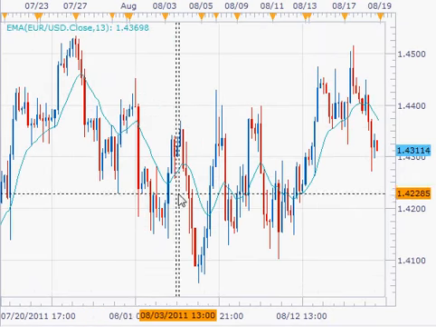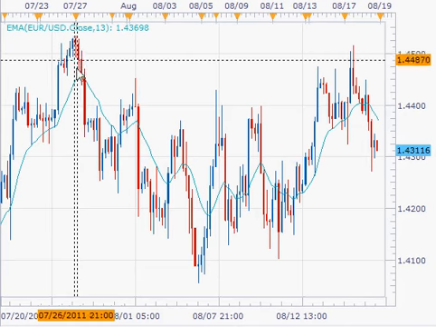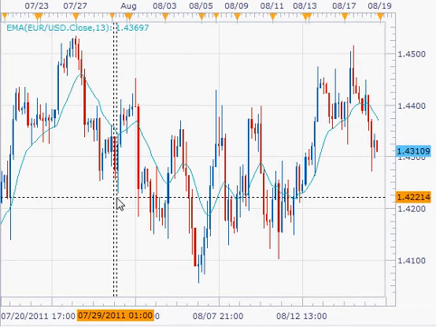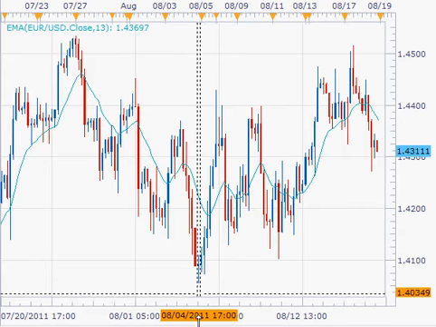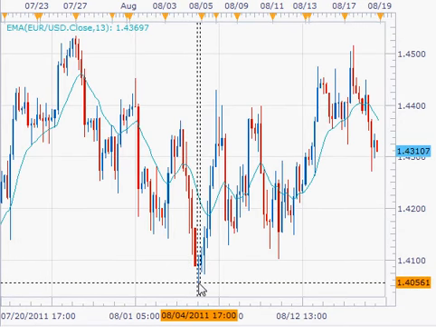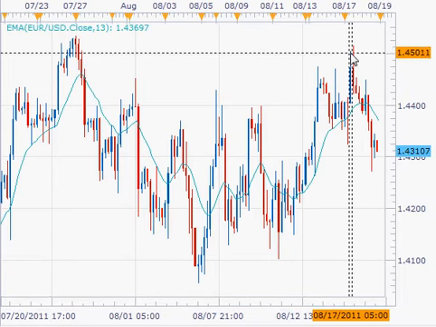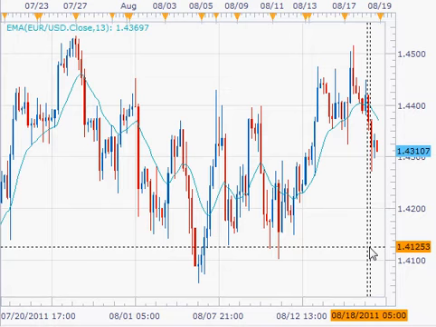And back to the short term to count the shorter term waves. This is actually another subdivision, wave 1, a leading diagonal, and we got 1, 2, 3, 4, 5 for wave 1, A, B, C for wave 2 of the correction, and a wave 3, possibly of 3 lower.